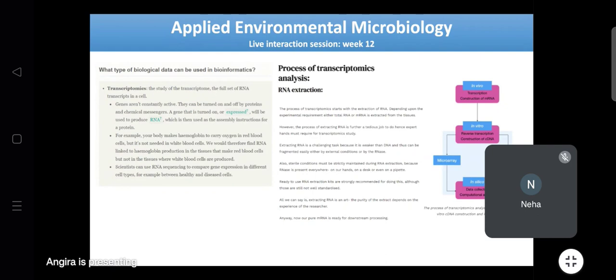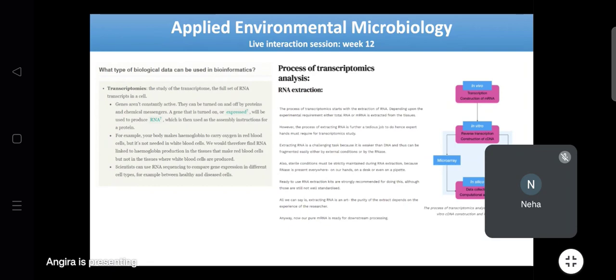So the transcriptome is basically the set of RNA transcripts in the cell which will code into a functional protein inside the cell. Transcriptomics is the study of that transcriptome, and it basically involves genes which may not be constantly active, and sometimes they can be turned on and off by different kinds of proteins or different kinds of chemical messengers.